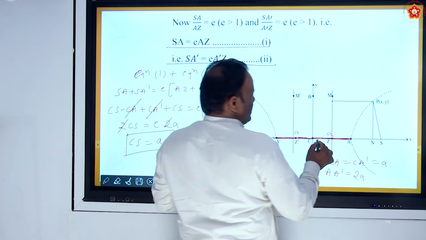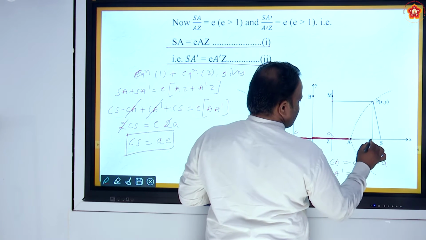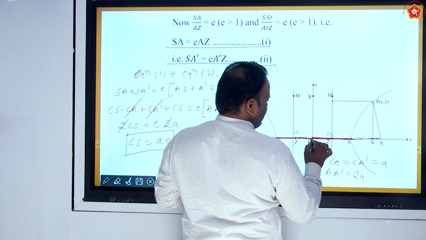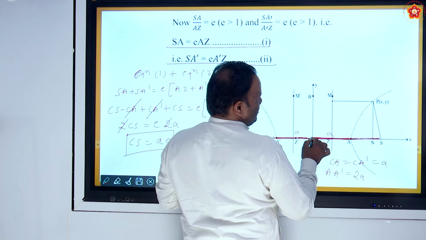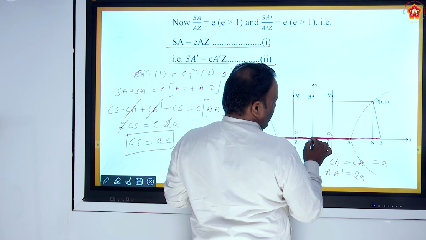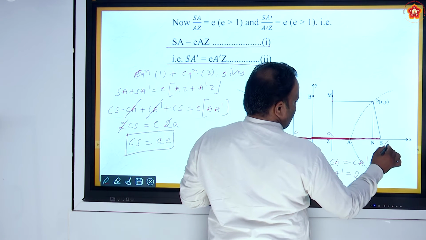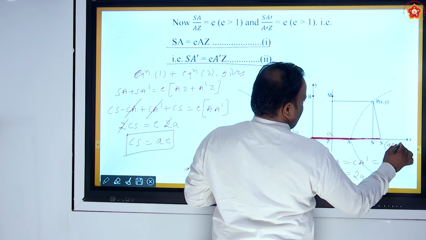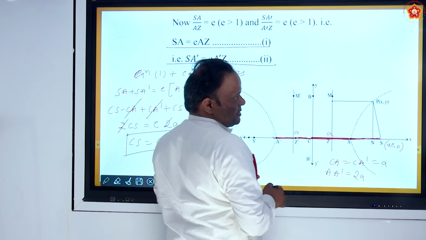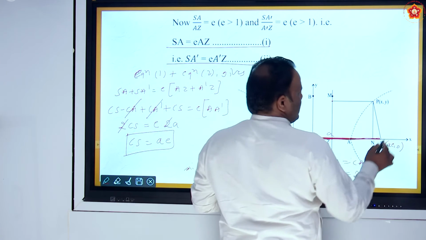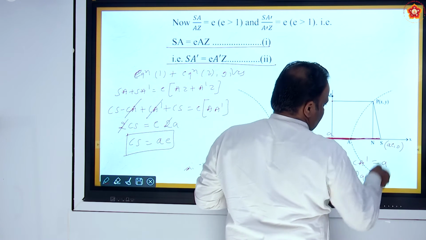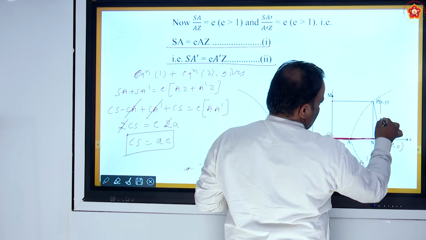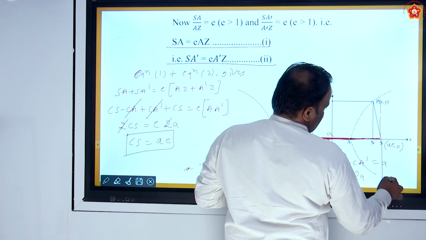So therefore the length of CS, C is the origin, the center of the hyperbola. CS is nothing but AE comma 0. Suppose later we take the length of latus rectum, because this passes through the focus, this is called LR.